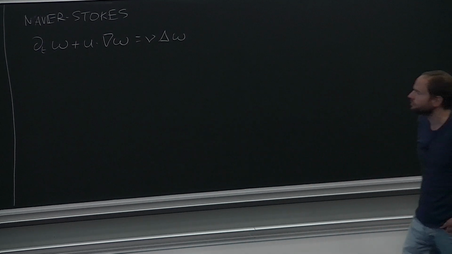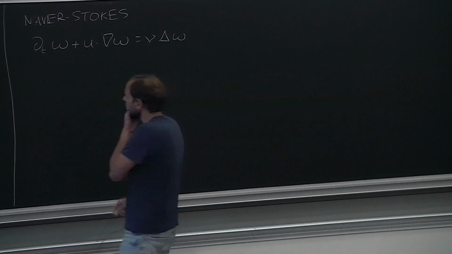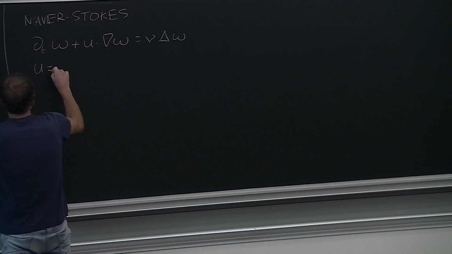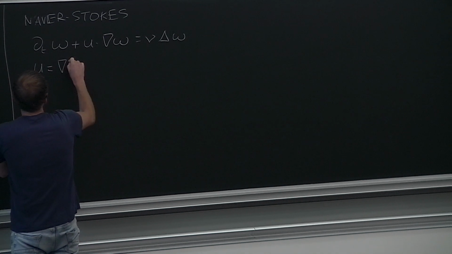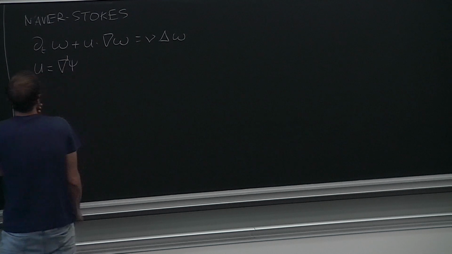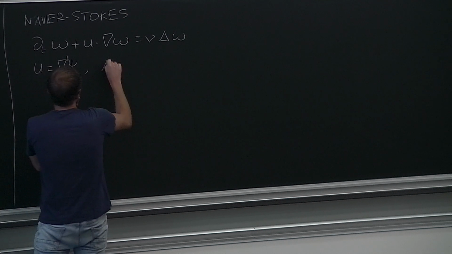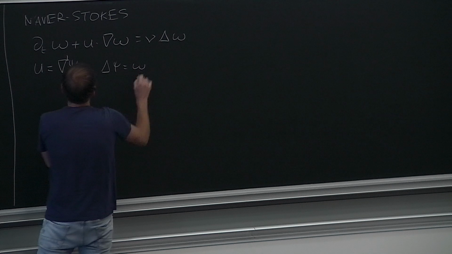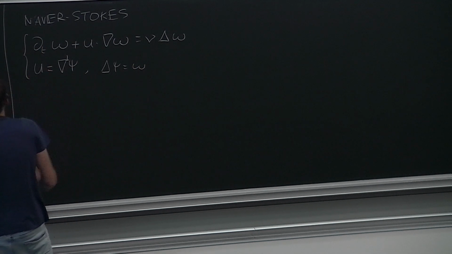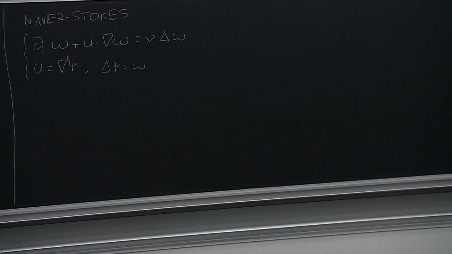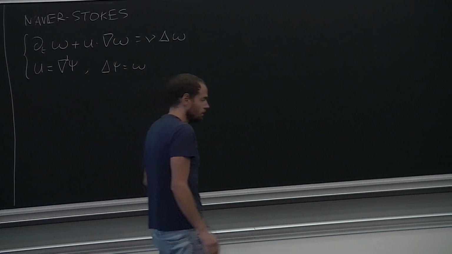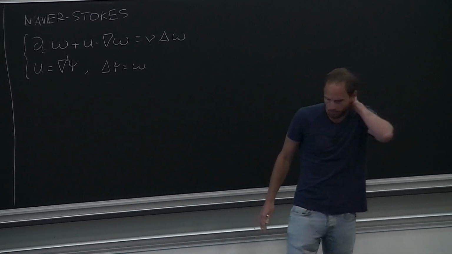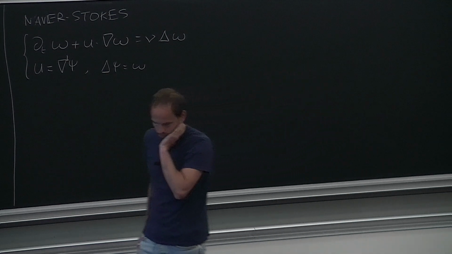So omega is the vorticity, and u is recovered as the gradient perp of a stream function psi, and the Laplacian of psi is equal to omega. And again, I'll have an initial condition and so on. And a lot of the things I will say, they are good for both Navier-Stokes and passive scalars. And when there is a difference, I will make sure I make it known.